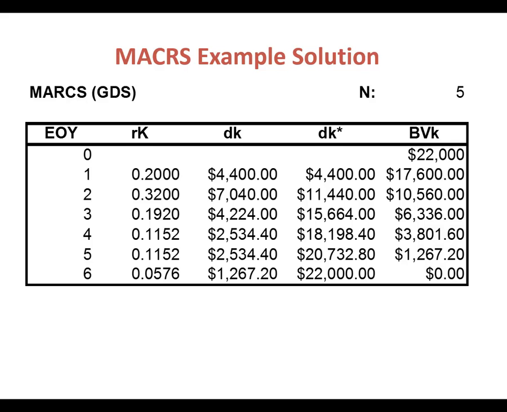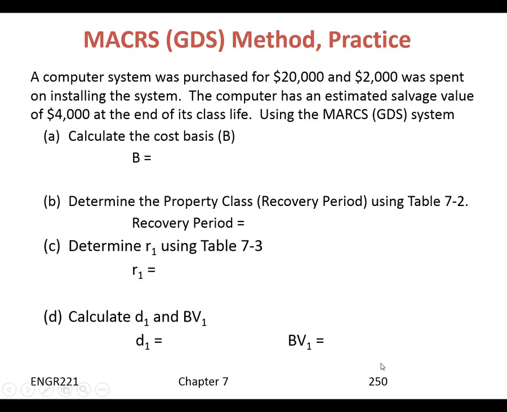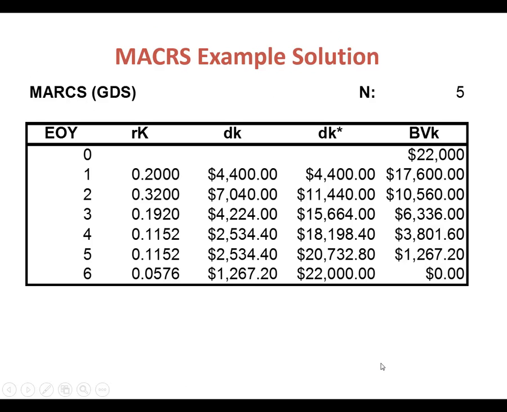We still get to depreciate the whole amount because that's what the table says, is that it depreciates all the way to zero. And so here are those factors that we get out of the recovery table. You multiply the factor by the book value, and then you have a gradually declining book value all the way to zero at the end of 6 years.